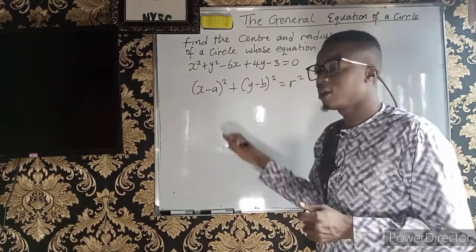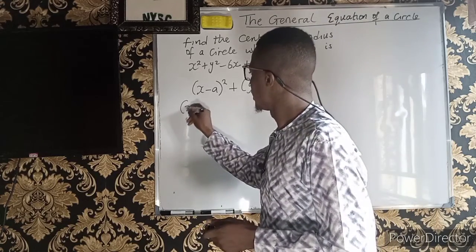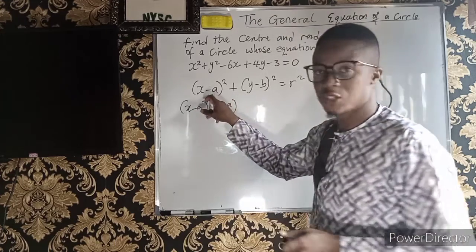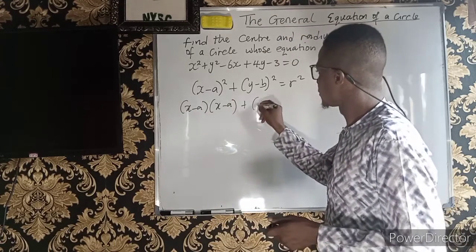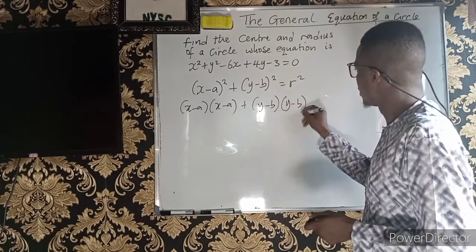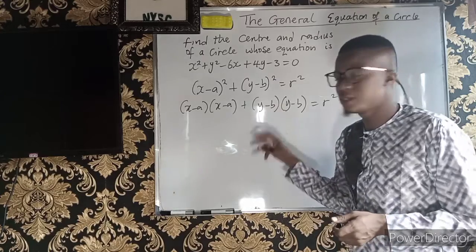Now, what if we think of expanding this bracket? We shall have (x − a)(x − a), because this is double, plus (y − b)(y − b) equals r². This is double too, that's why it is in two places.